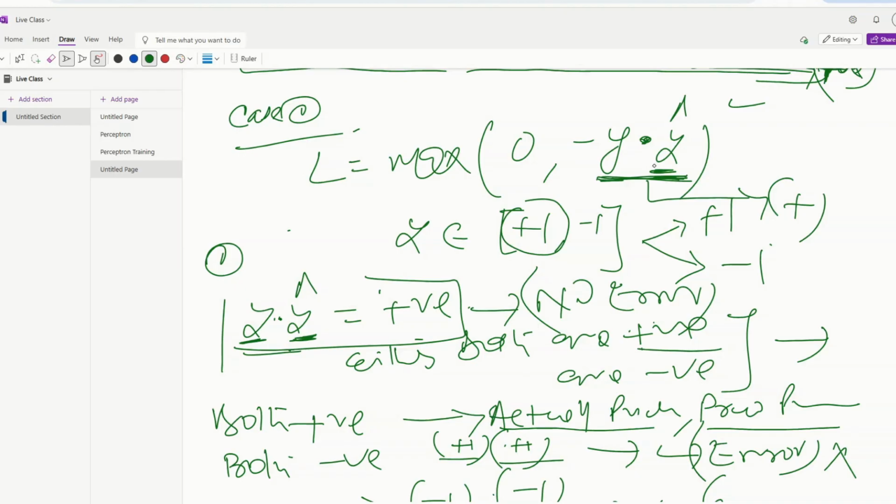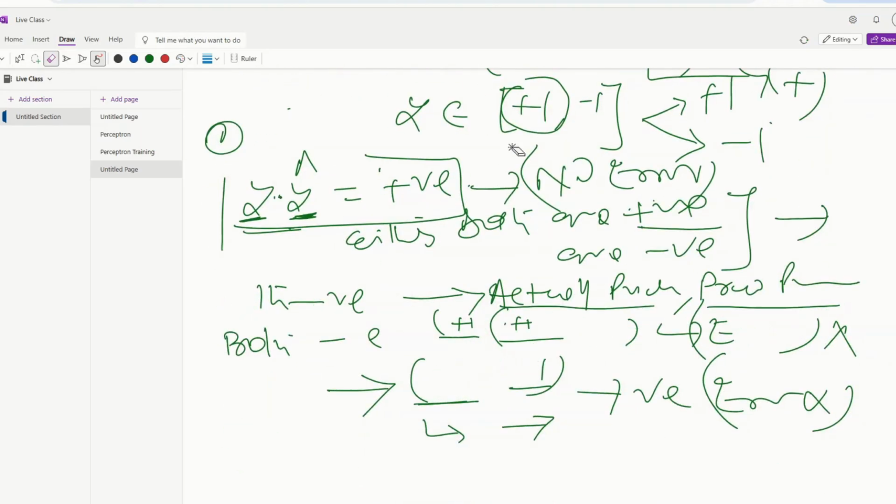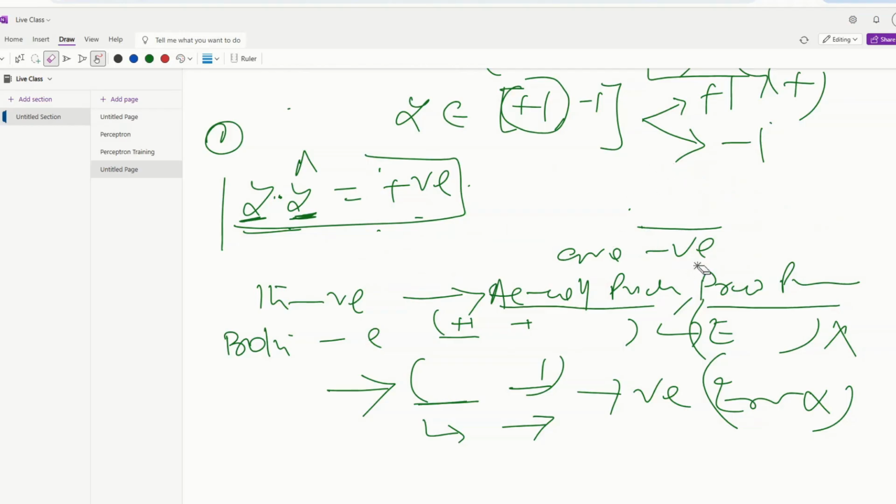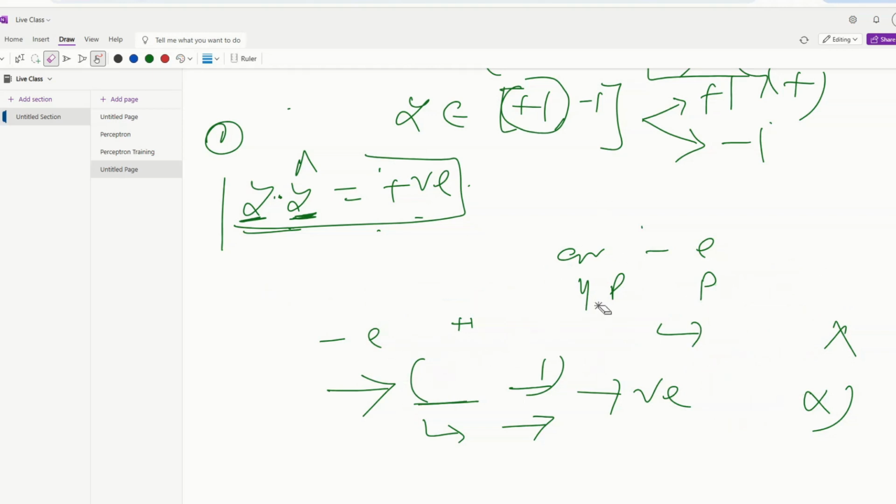It's a true point. According to my boundary, there is no misclassification, there is no error. This point is clear, right? What I wanted to explain with this whole math, by the way, it's very simple math, just elementary 9th, 10th class kind of math. Let me remove this whole thing. Now let's make it clear.